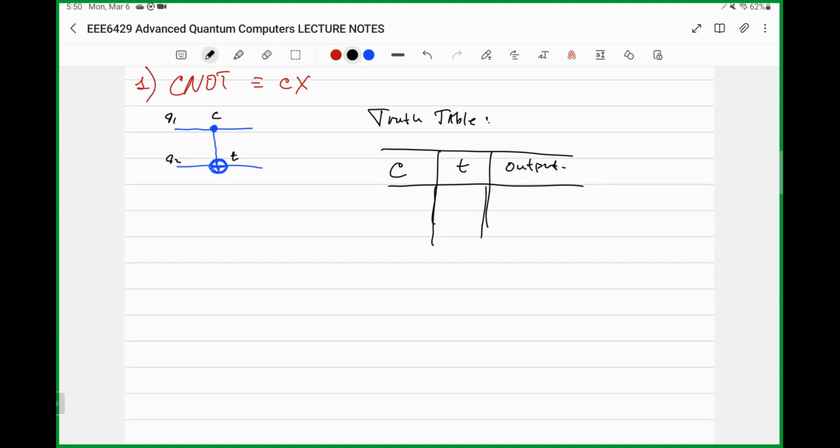The logic is as follows. If the control qubit is 0, the output is equal to the state of the target qubit. For example, if the state of the target qubit is 0, the output is 0. If the state is 1, the output is 1.